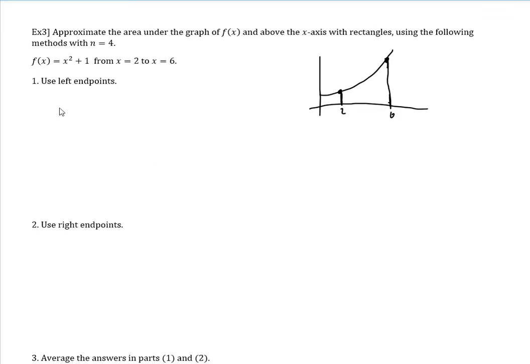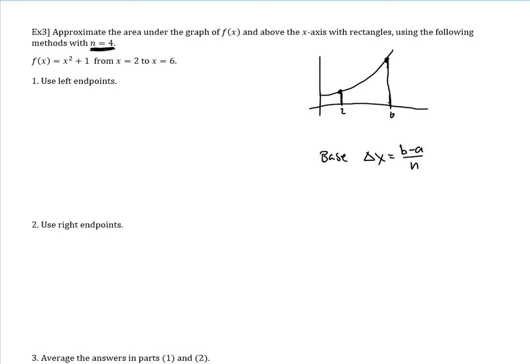Okay, and all I want to do now is I want 4 rectangles on here. So to get 4 rectangles, first thing I want to do is let's go ahead and find the base, which is our delta x, which is the b minus a over n.